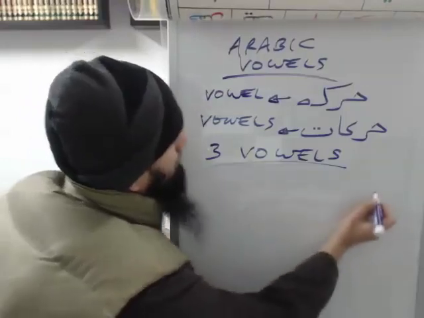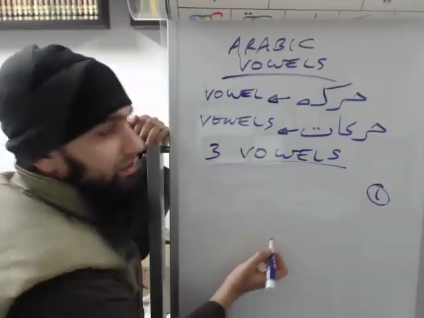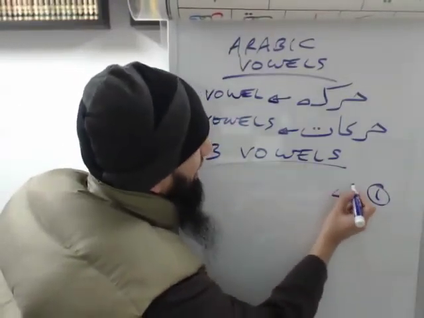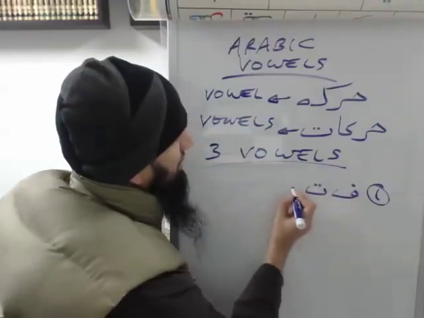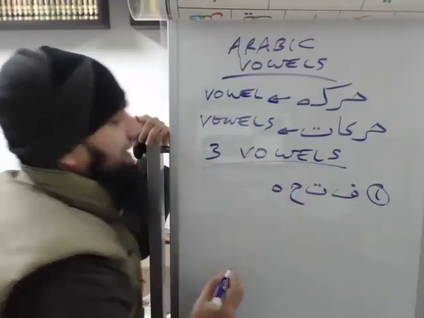The first one is called fa, ta, ha, and ha.